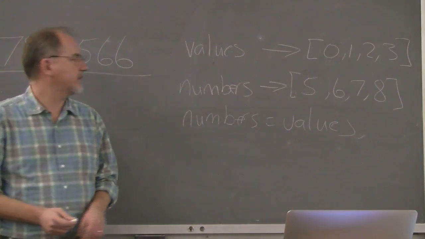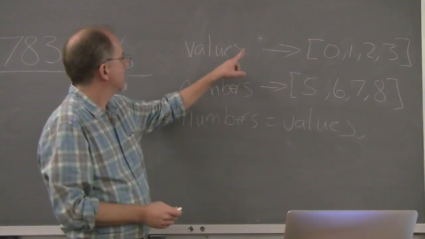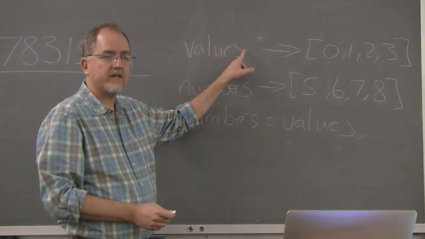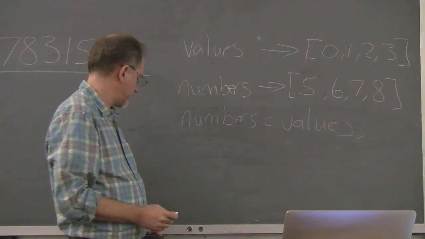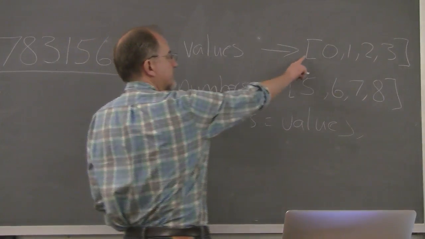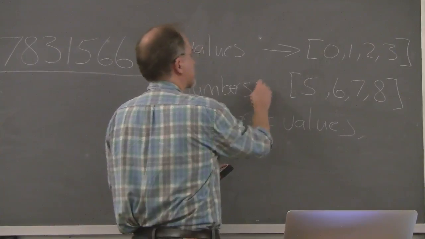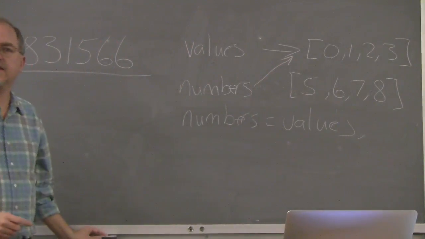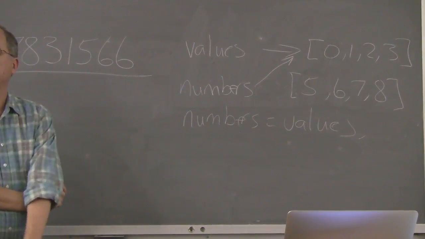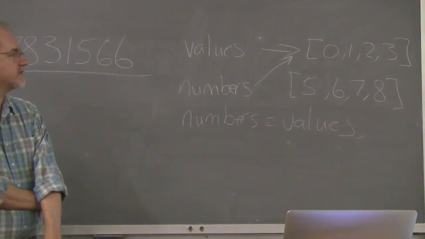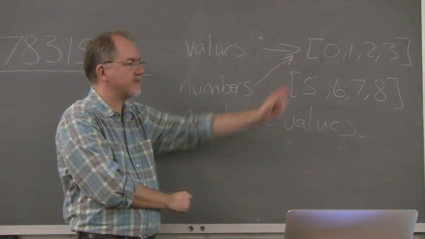It says, take the reference that's stored in values and assign that to numbers. Well, the reference in values points to this object here, and at this point numbers also points to that thing. That's what it means to assign the reference. This thing references that object, and now numbers references that same object.